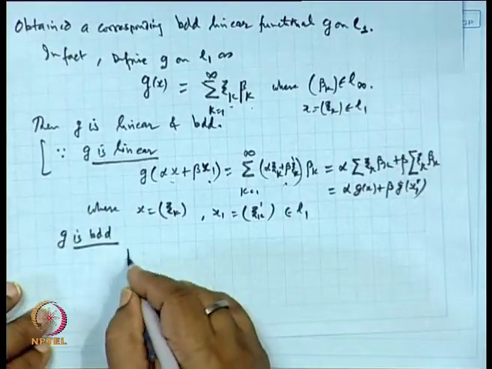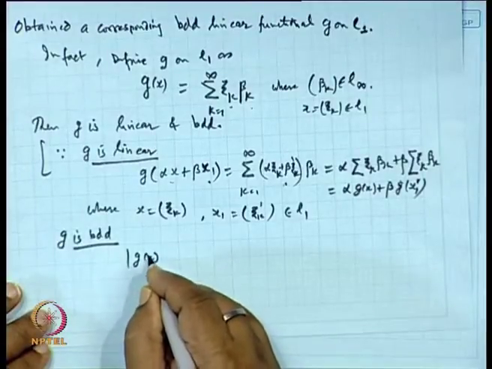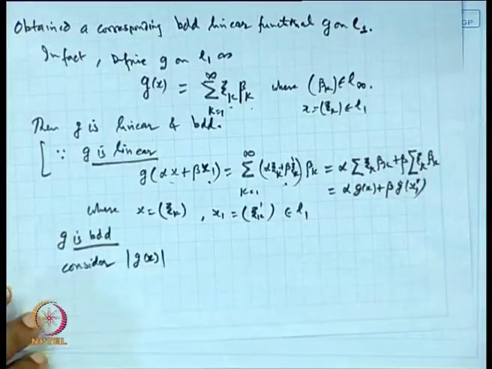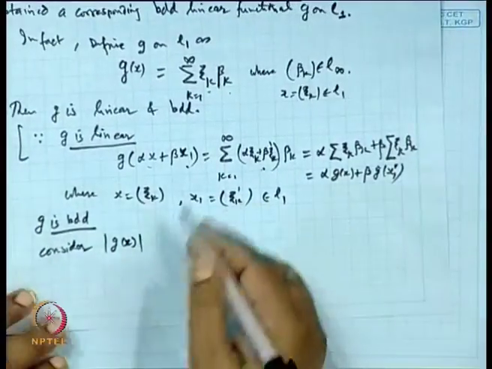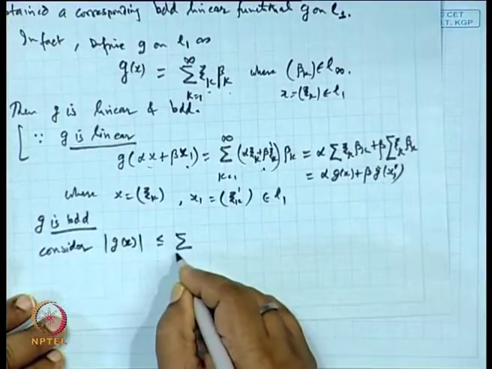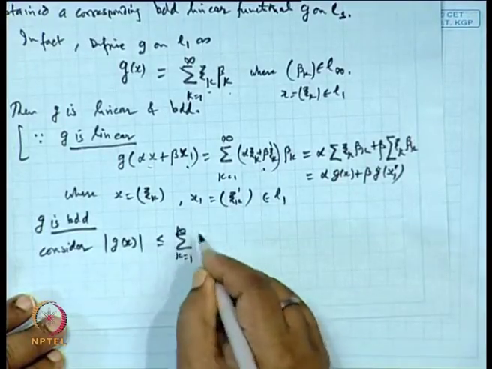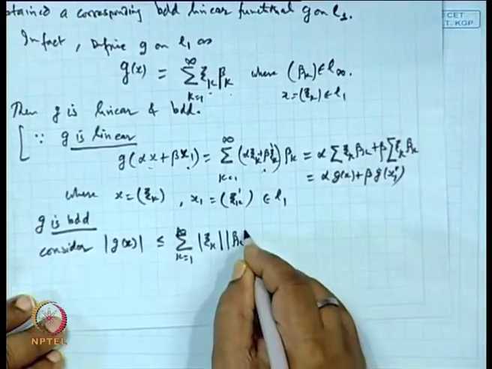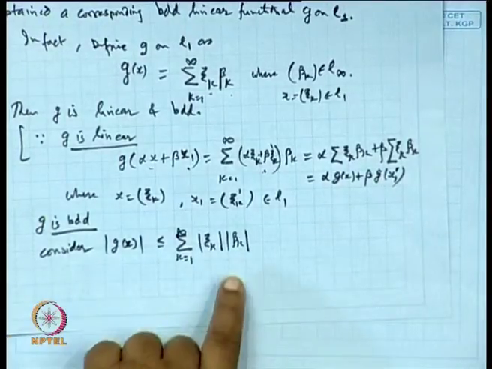So, consider the mod of G x. This will be less than or equal to sigma k equal to 1 to infinity mod of xi k mod of beta k. But what is beta k?